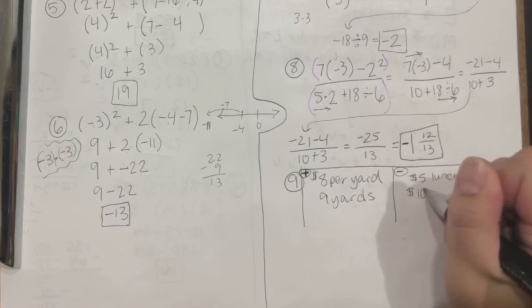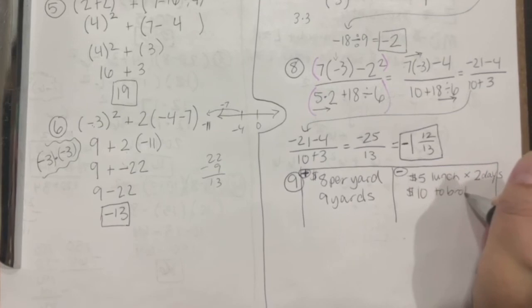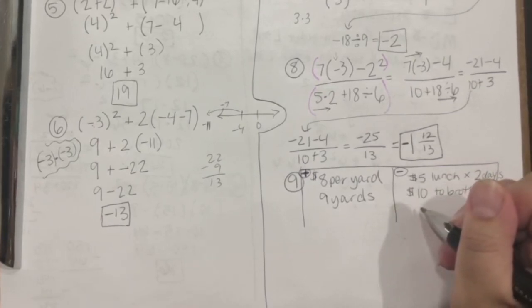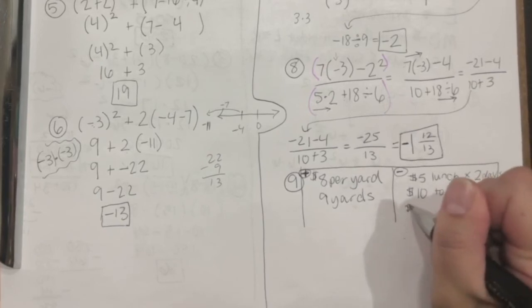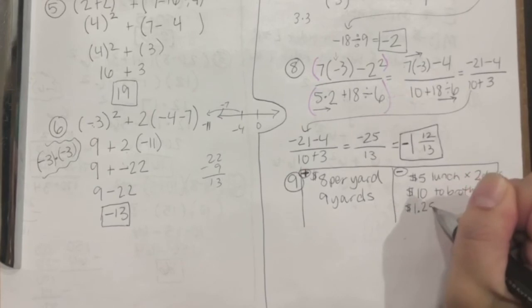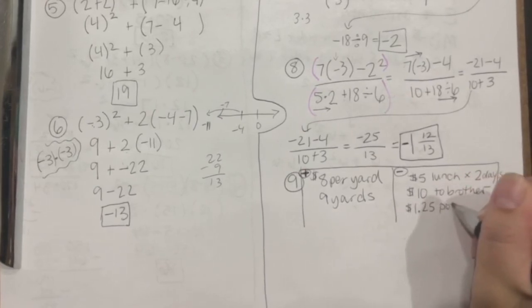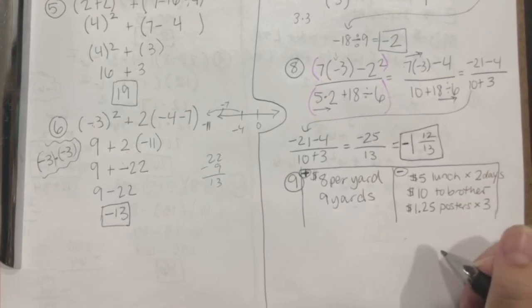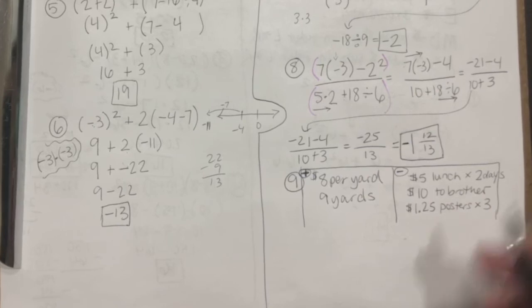So $10 to brother. And he purchased 3 poster boards for school projects at $1.25 each. So $1.25 posters times 3.